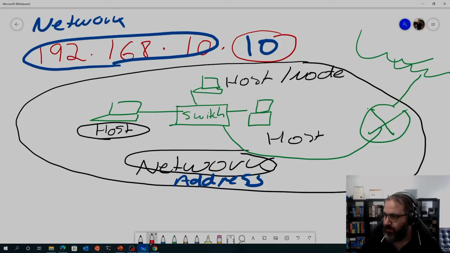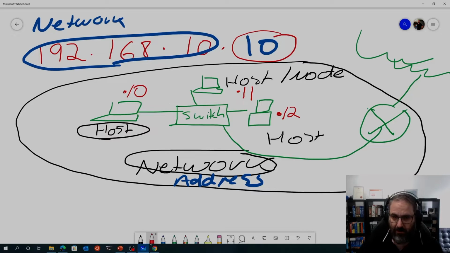That host address I can give to this guy over here. The laptop over there, I need to give a different host address. It cannot be 10 because that is already taken. This one is 11, that's the host address. And over here, we have another host address, 12.